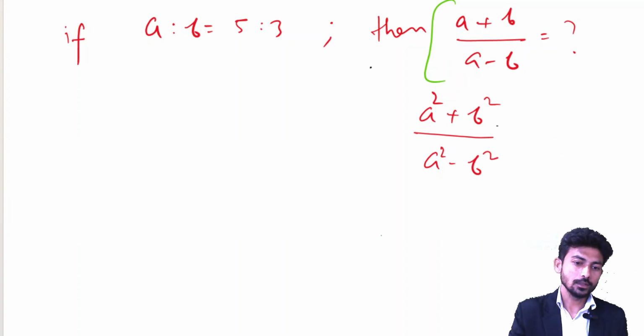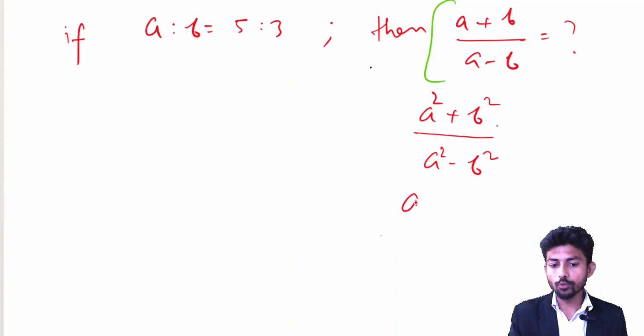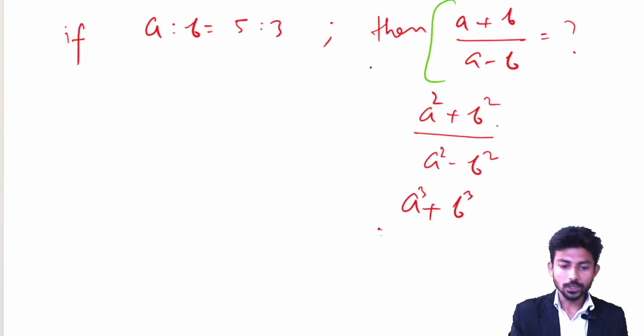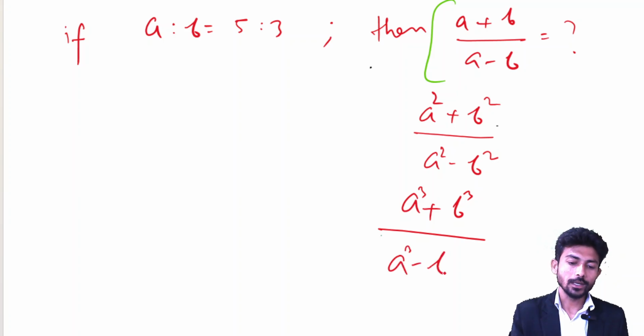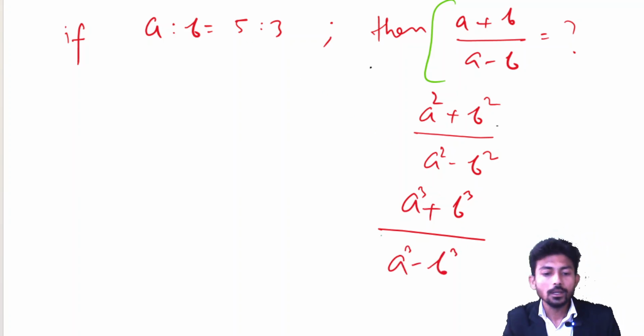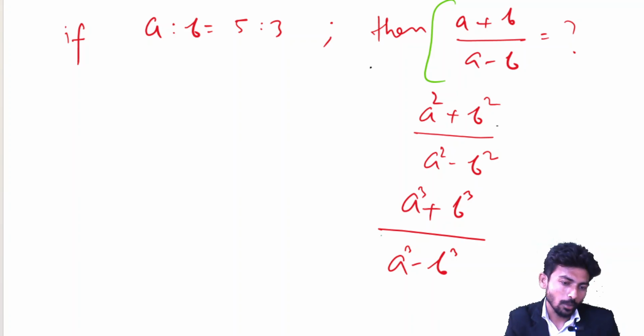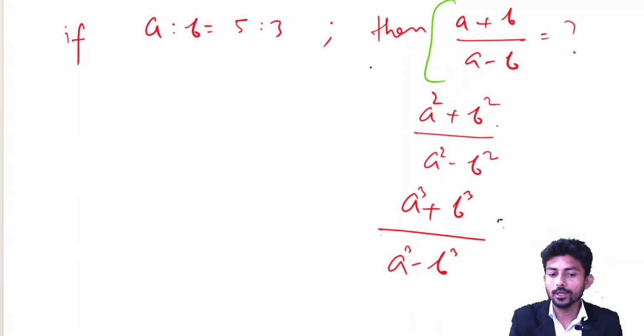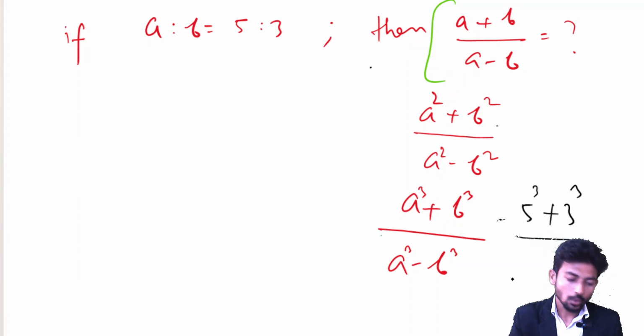Now let's see another which is related to cube, like a cube plus b cube over a cube minus b cube. Okay. Now for the same kind of problem, I will do it the same way. For a, I will be taking 5, just 5 only. No need to take x or 5x. 5 cube plus 3 cube over 5 cube minus 3 cube.